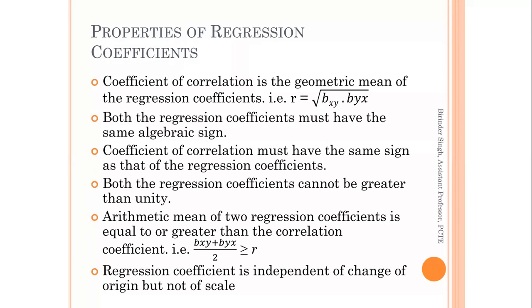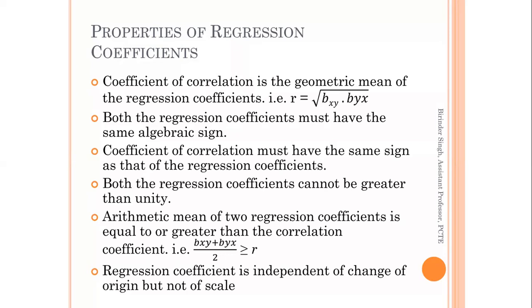Both regression coefficients cannot be greater than unity. That means the coefficient of correlation between the regression equations cannot have a value greater than 1. Similarly, in the case of the correlation coefficient, the r value should lie between a maximum of +1 and a least of -1.